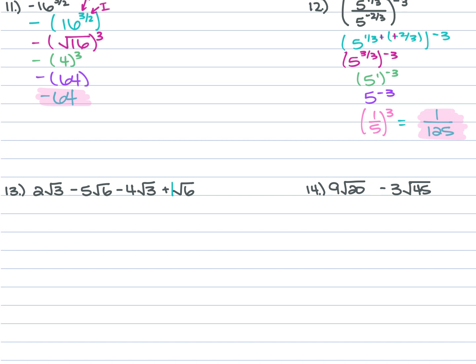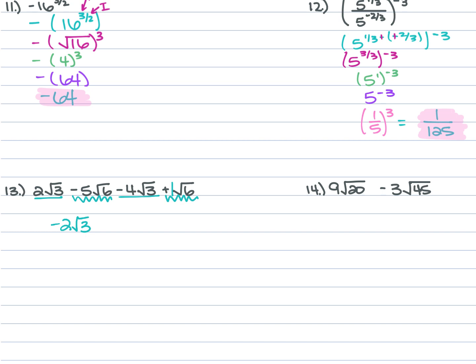So if you look at your like terms, your 2 square root 3 is a like term to the negative 4 square root 3. Your negative 5 square root 6 is a like term to the 1 square root 6. So keep the radical part, but add or subtract what's in front. So we work with those square root 3's first. 2 square root 3 minus 4 square root 3 is negative 2 square root 3.